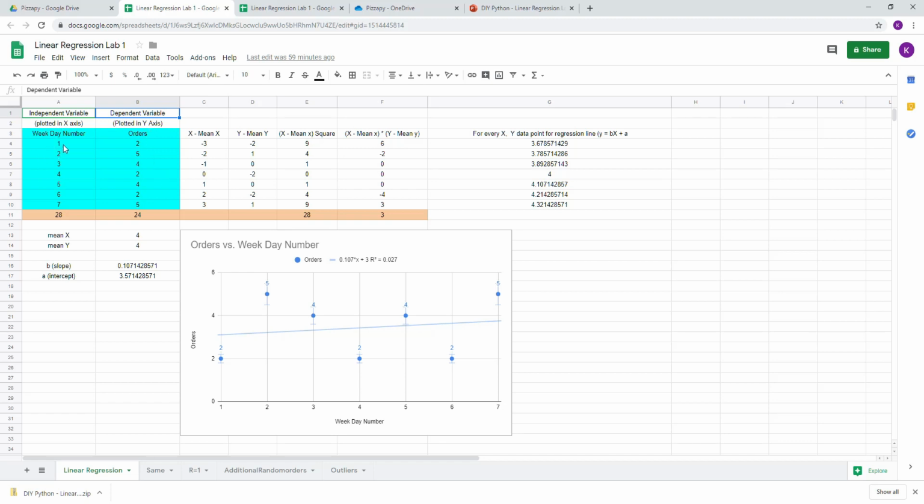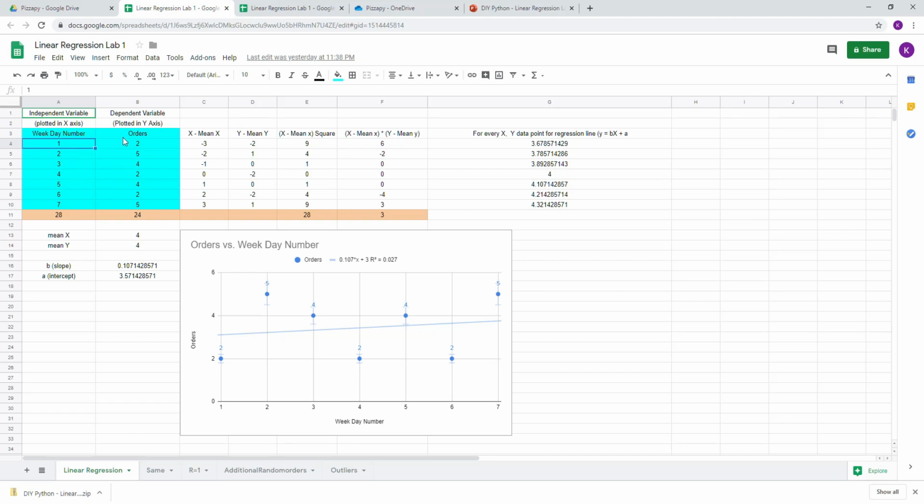So what we have here on the x-axis is a weekday number, something like Monday, Tuesday, Wednesday, Thursday, Friday, Saturday, and Sunday. Instead of the name, we are representing the weekday in terms of number, and this number is constant, right? It will not change, and it is not dependent on anything else. So we're going to treat that as an independent variable here.